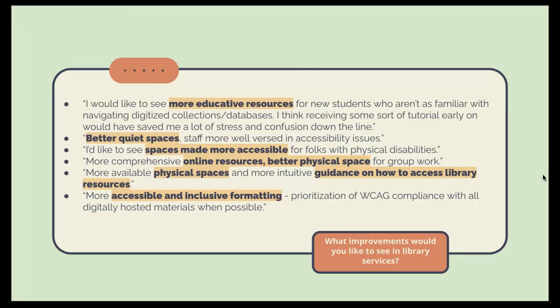This person mentioned a tutorial, better quiet spaces, staff more well-versed in accessibility issues, spaces made more accessible for folks with physical disabilities, more comprehensive online resources, better physical space, another one about physical space, and more intuitive guidance on how to access library resources, and additionally, more accessible and inclusive formatting. And this person actually mentioned web accessibility guidelines, which was interesting.